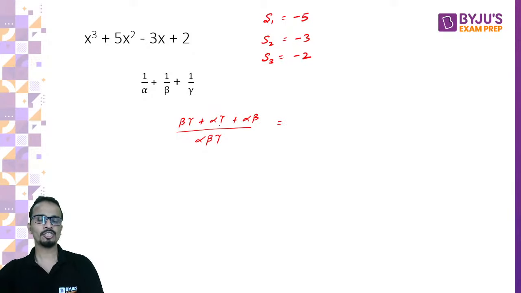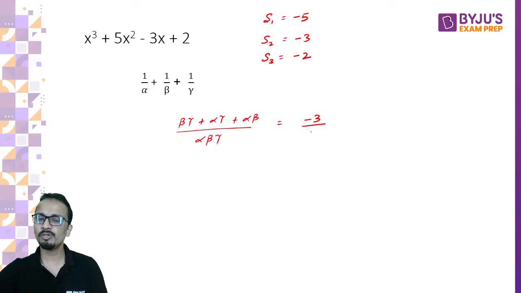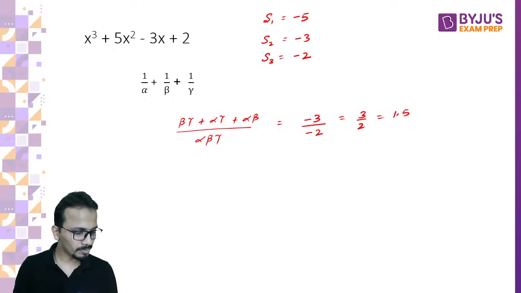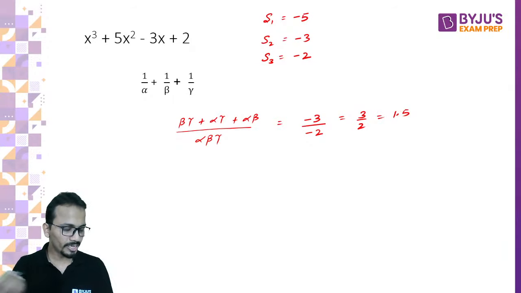Now in the numerator, I have sum of the roots taking two roots at a time, so I can write it as minus 3. And in the denominator, I have product of the roots or sum taking three roots at a time, so it will be minus 2. So final answer will be 3 upon 2 or 1.5, as written by Shivam, VM, Joydeep.